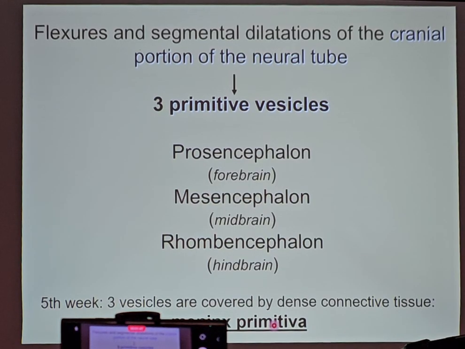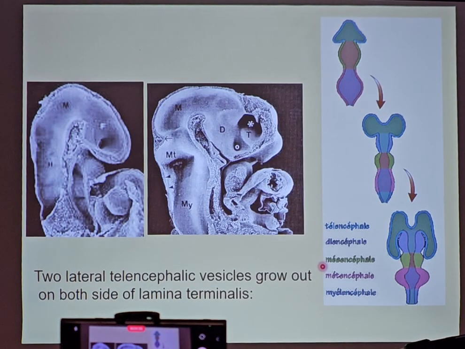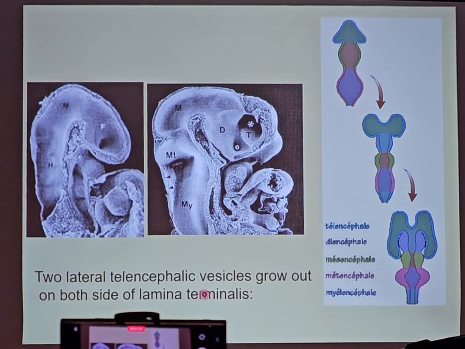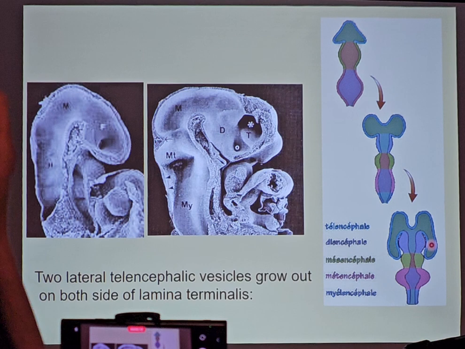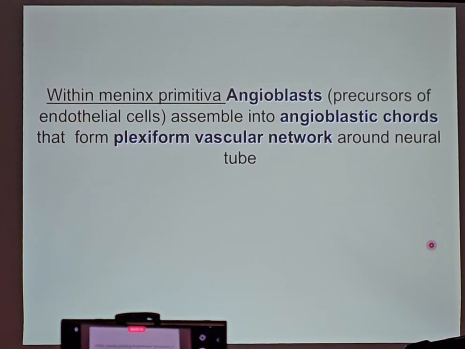So the neural tube and the vesicles are being covered with a soft connective tissue called the meninx primitiva. And then further from the initial three, the two lateral ventricle telencephalic vesicles grow out on both sides in preparation for the development of the brain, the adult configuration.